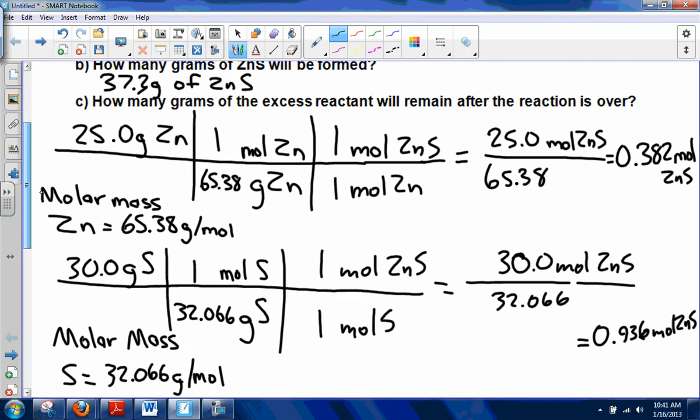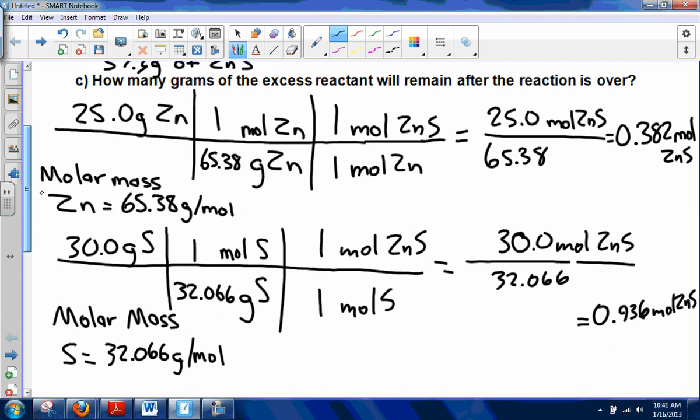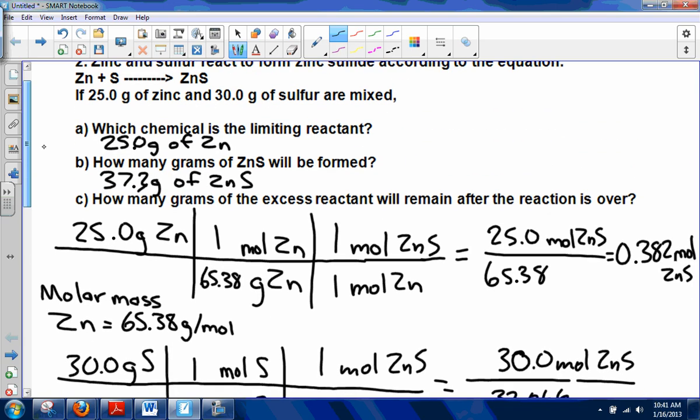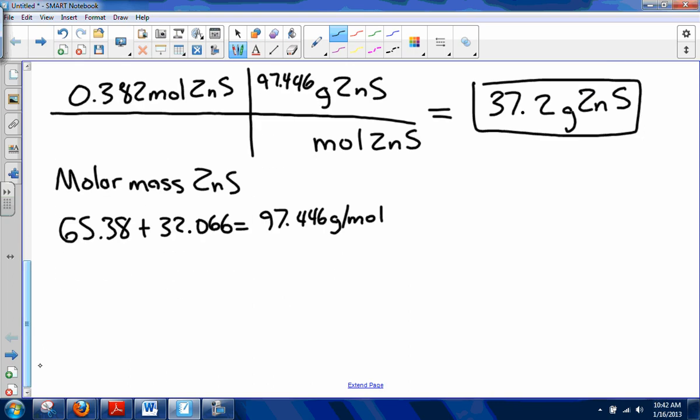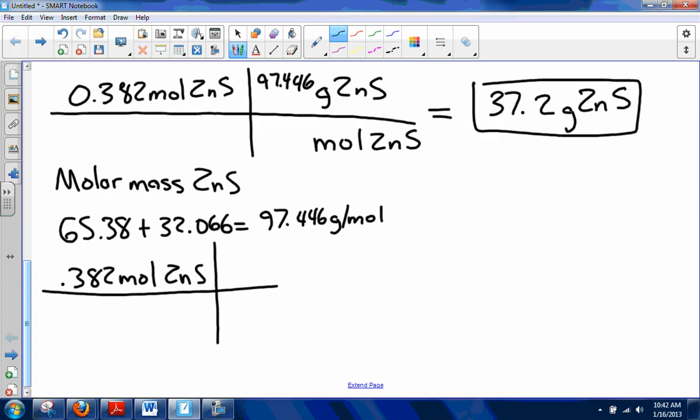Okay, now I go to how many grams of the excess reactant will remain after the reaction is over. So I had two reactants. I had zinc and I had sulfur. If I said that zinc is my limiting reactant, that means that sulfur has to be my excess reactant. So I'm going to start again with what I got as my answer on A, 0.382 moles of zinc sulfide. And this time I'm going to go to grams of sulfur.